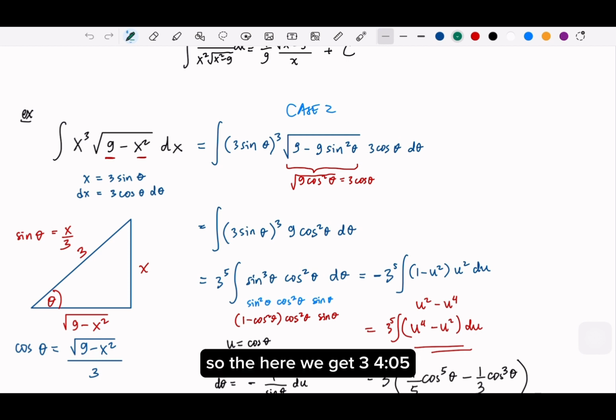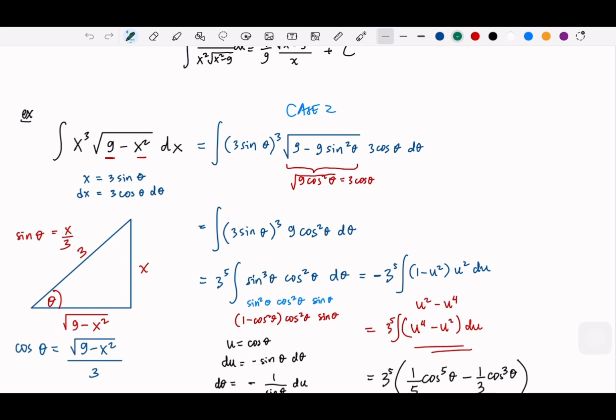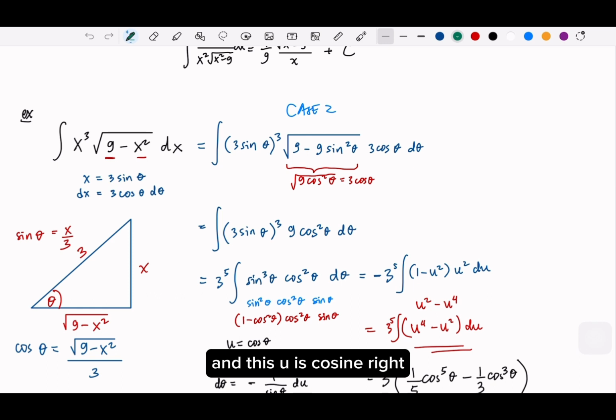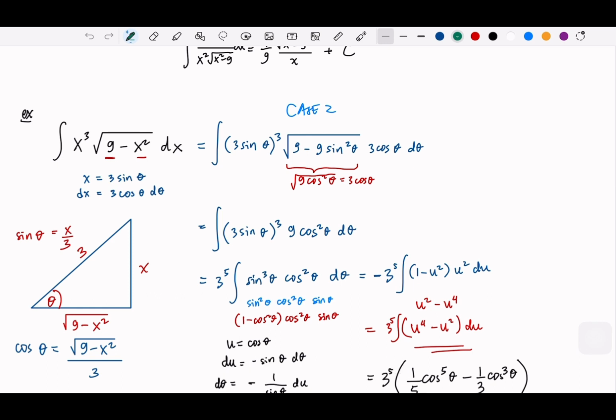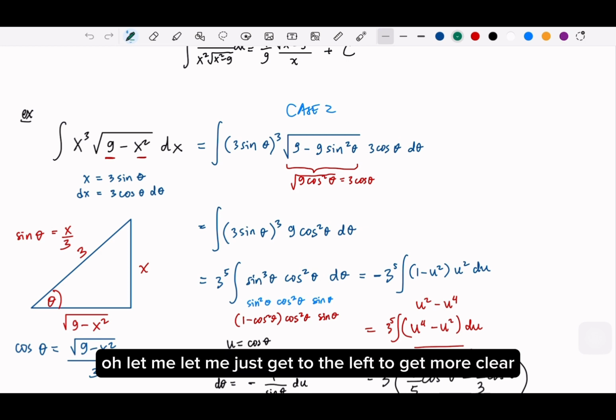Okay. So here we get 3 power of 5. This will be 1 over 5. This will be 1 over 3. And this u is cosine, right? Let me just move to the left to be clearer.